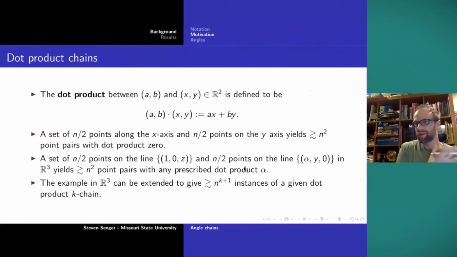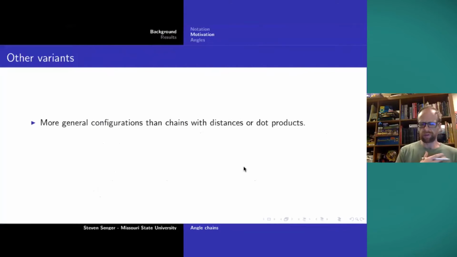This would be just like the distance k chain, but defined by dot products instead of distances, just by looking at this set here. So again, without further restrictions, this question of dot product chains seems to be relatively trivial in 3 dimensions and higher.